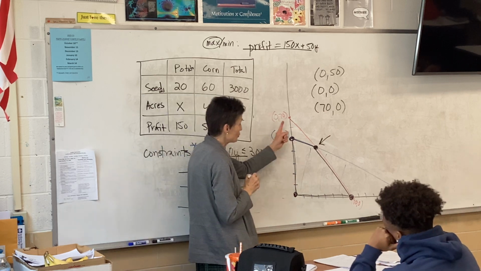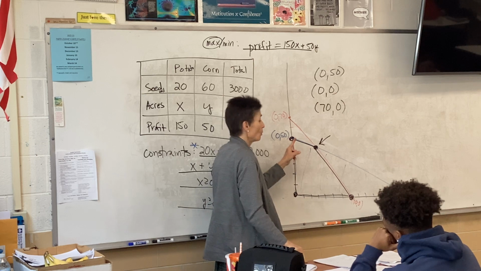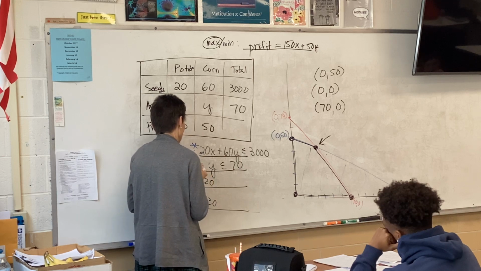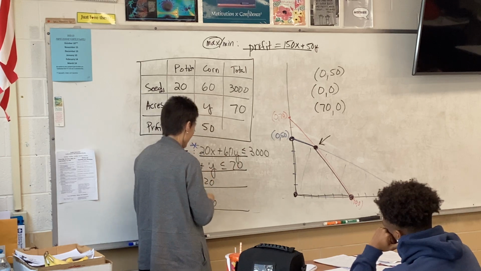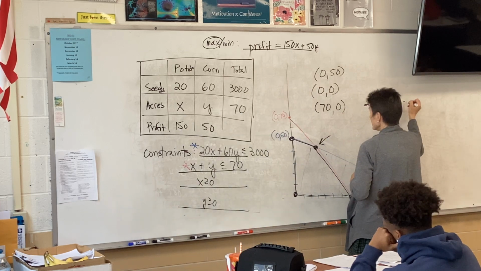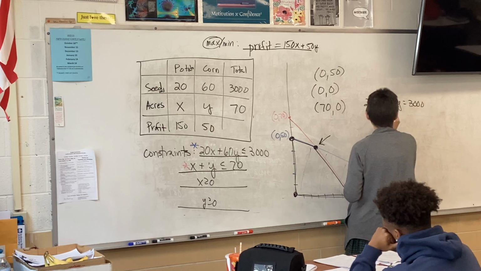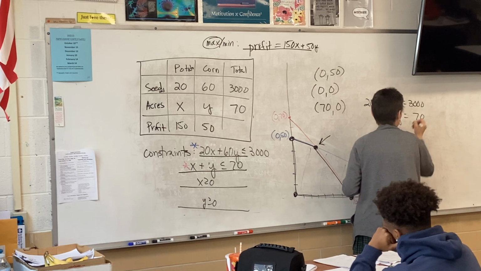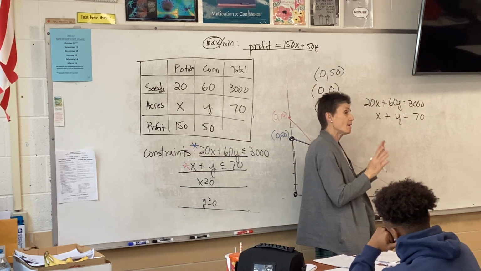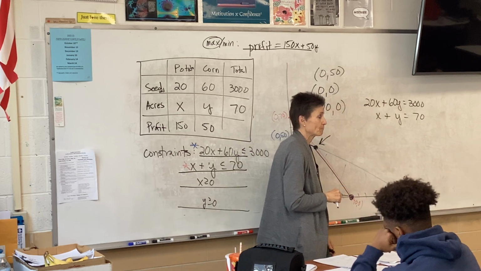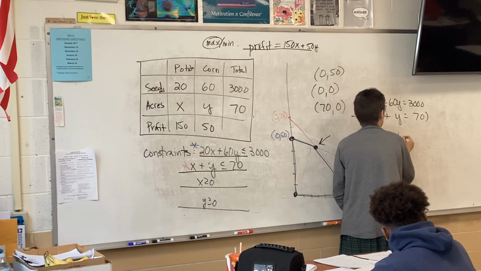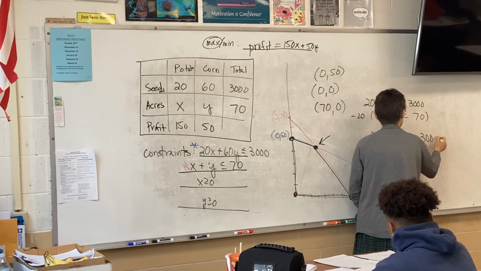I am going to look at the two equations that make that point, which are my red one and my blue one. This was my red one. So my equations are 20x plus 60y equals 3,000, and x plus y is 70. Now you're going to substitute or eliminate, whatever you are comfortable with. I'm going to multiply this one by -20. That's because I like to eliminate. Do whatever you want.